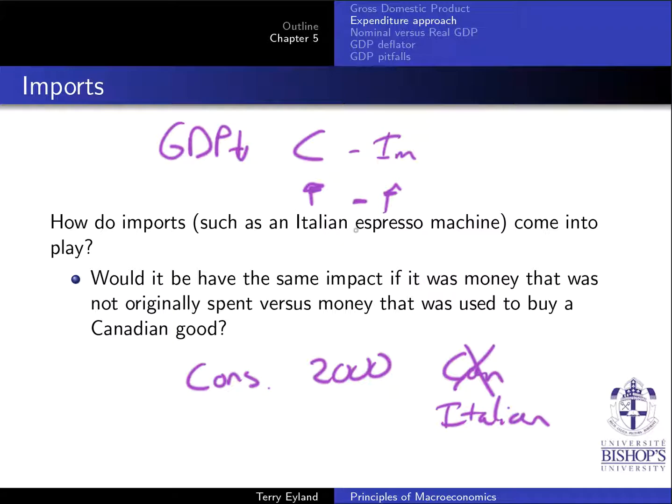So if you borrow money to buy an imported good, you're not contributing to GDP, you're not making it worse, you're not increasing it. It's essentially you're buying a good that is not produced here, and that money didn't go for anything else before, so you're not really making things worse. But if you decide to buy less Canadian goods in favor of more imported goods, well, then you'll have a situation where GDP is going to go down because the import figure will go up.